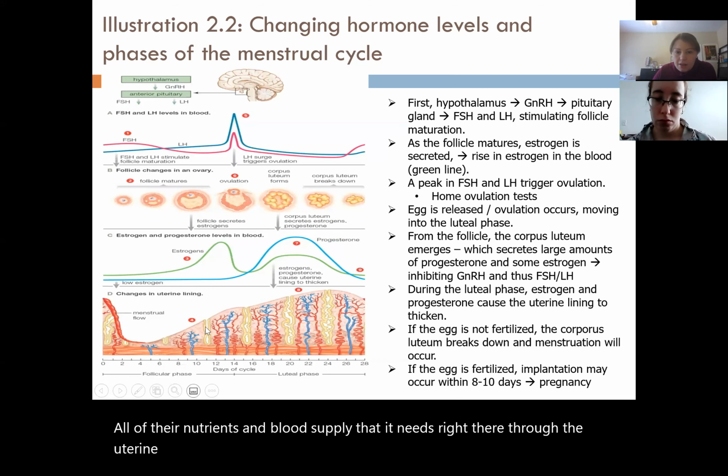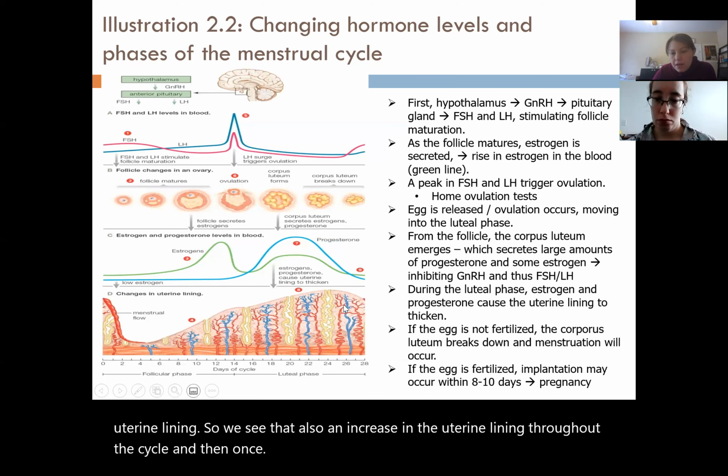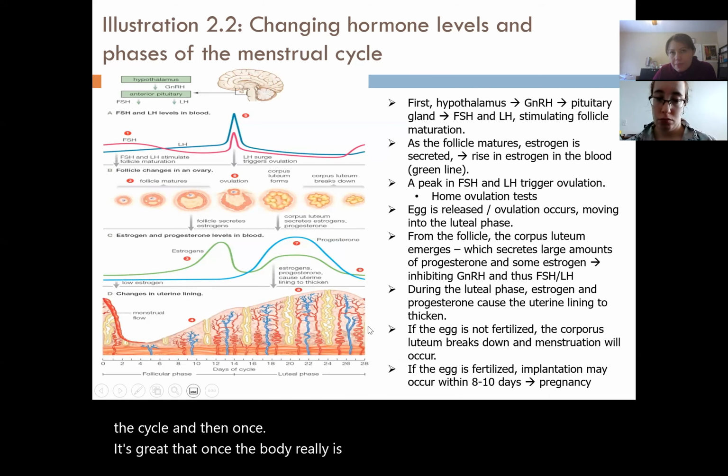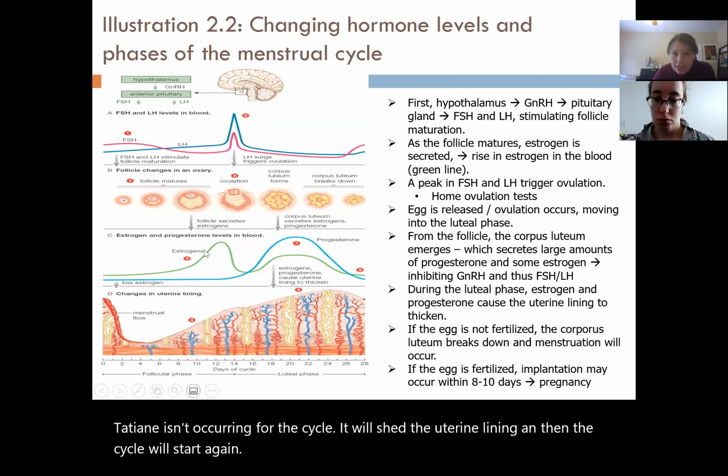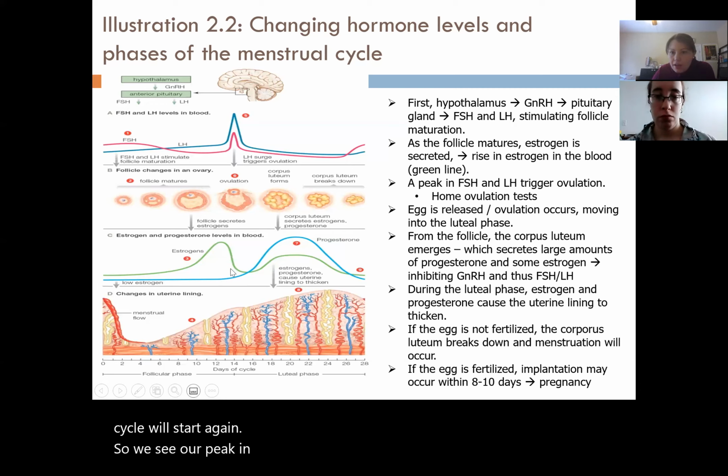So we see an increase in the uterine lining throughout the cycle. And then once the body realizes that implantation isn't occurring for the cycle, it will shed the uterine lining, and the cycle will start again. So we see our peak in estrogen, and then an egg is released.